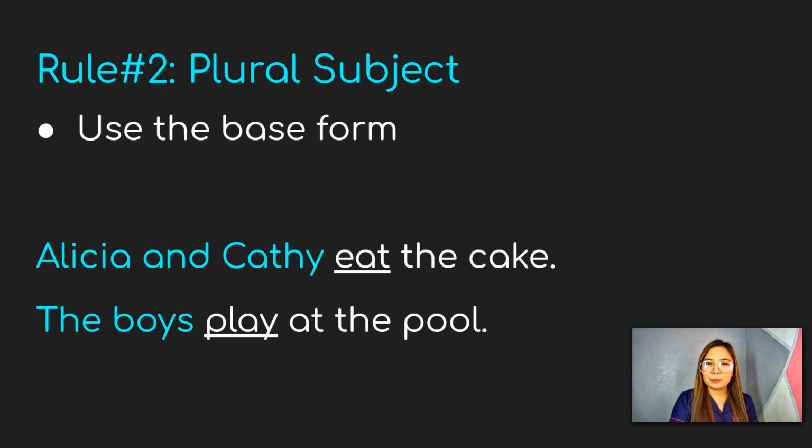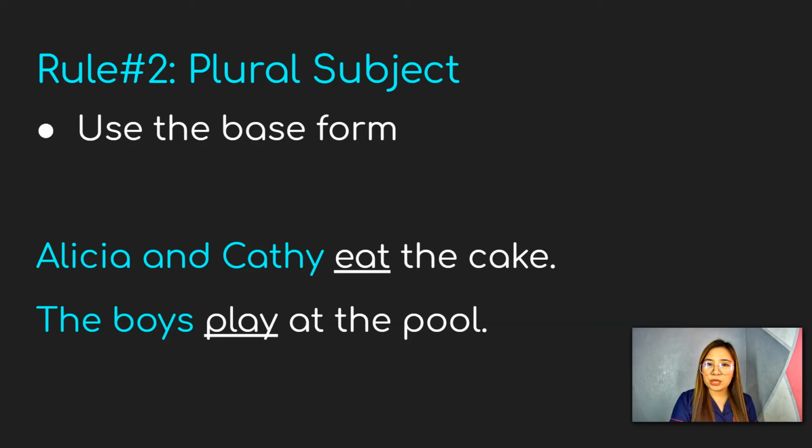For our rule number 2, if we have a plural subject, we are going to use the base form of the verb. And again, when we say plural, it means more than one. Let's have some examples. Alicia and Kathy eat the cake. For this one, we have two subjects, which means we have a plural subject.